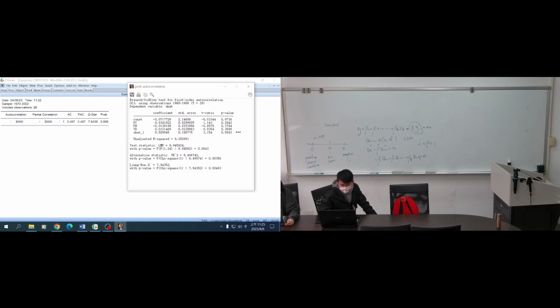Okay? So if we have more lags, we need to type the periods of the lag in order to have this output. If I have 10, then this output will have 10 autocorrelation functions, and each one of them has the Q statistic.